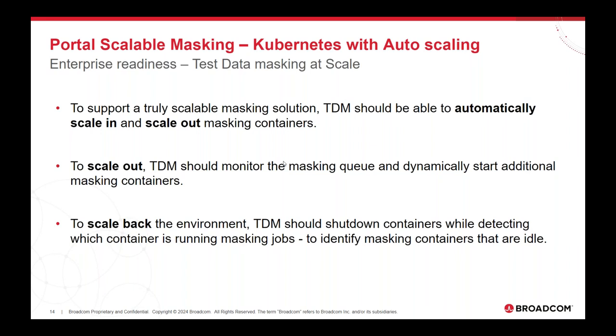And within each of the pods, we can have multiple FDM engines as well. So not only can we scale horizontally by adding pods, we can also have multiple FDM engines within each pod.